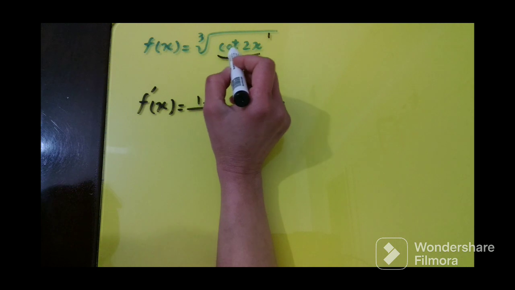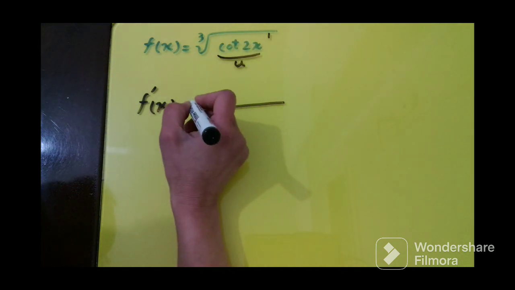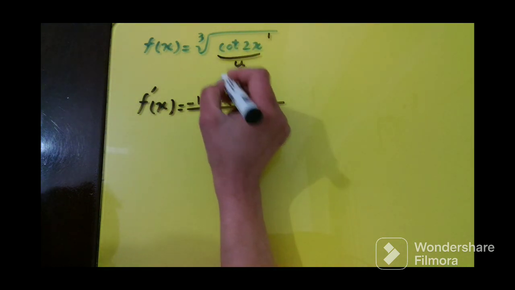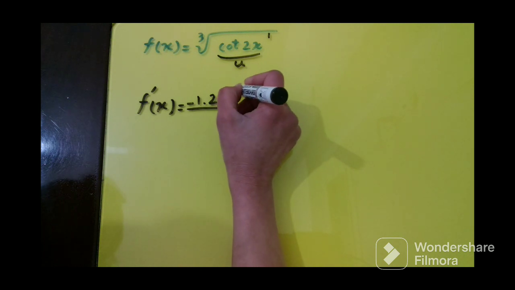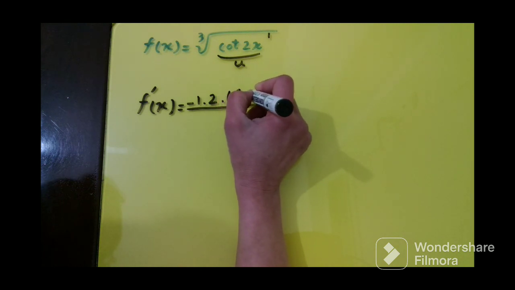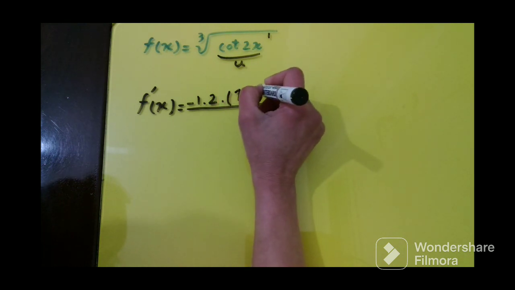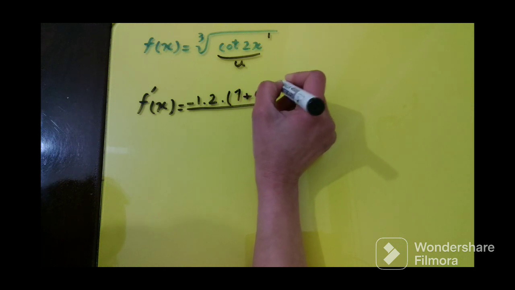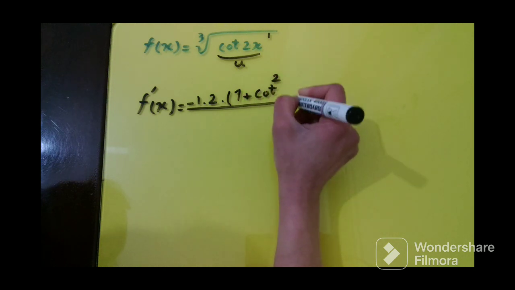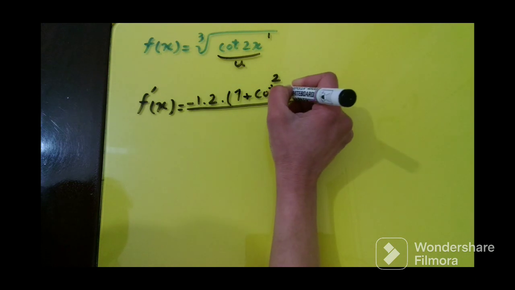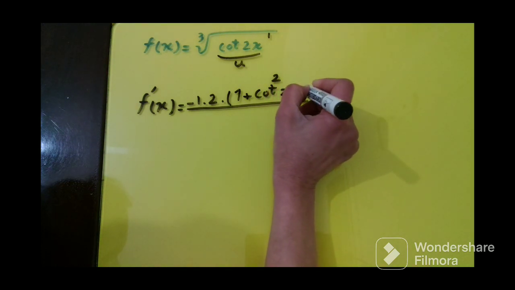The derivative of cotangent is negative 1 plus cotangent squared 2x.